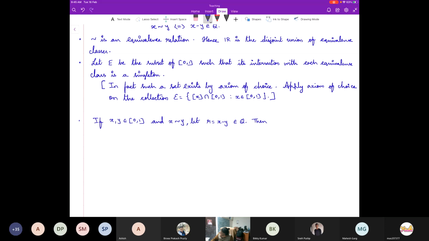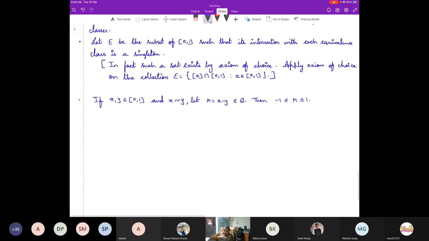Then -1 is less than or equal to r, which is less than or equal to 1. So at most this is what you can expect. Now what I am going to do is list all the rational numbers between -1 and 1.